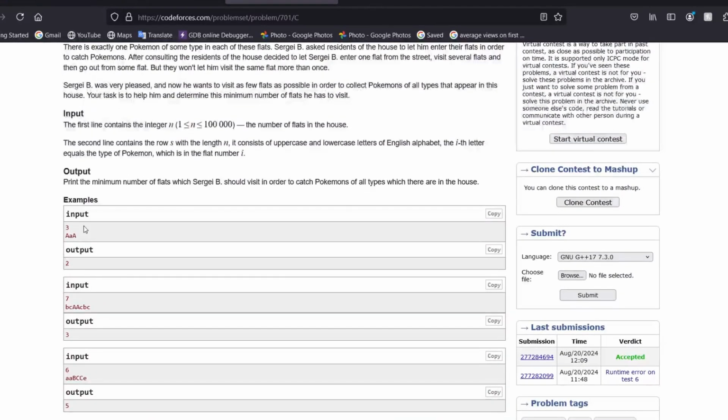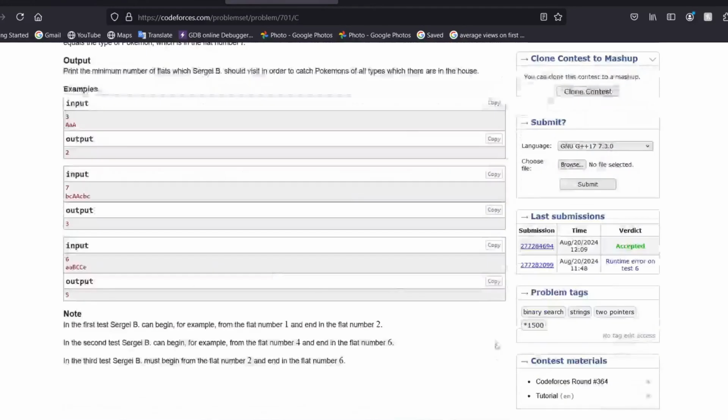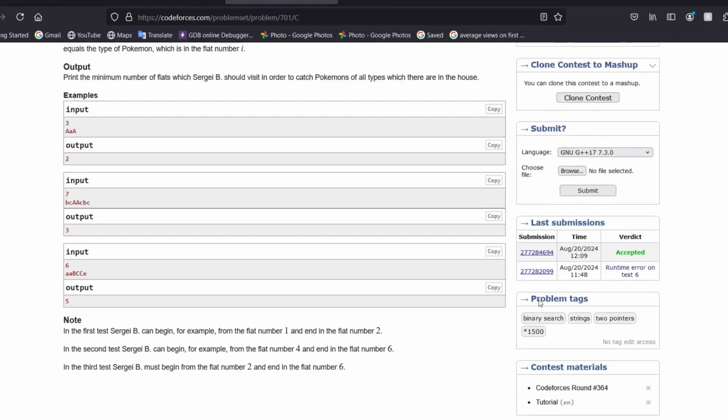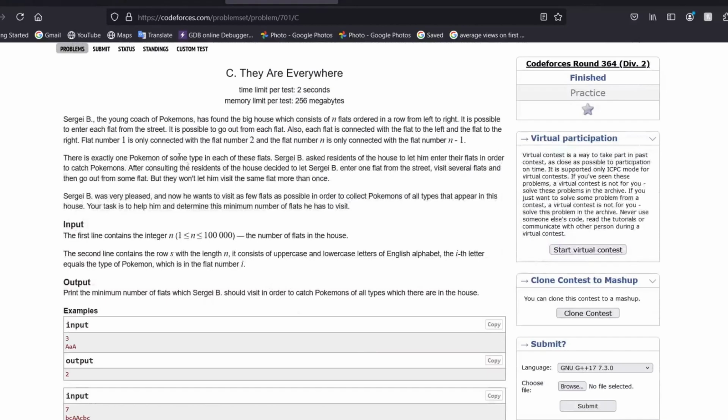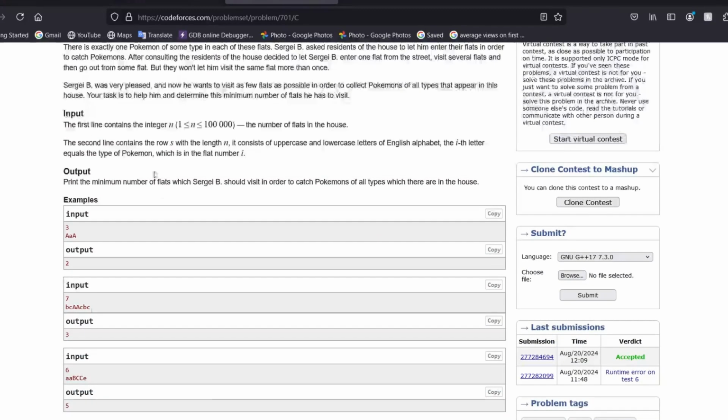It's quite intuitive. I think it's rated 1500. I actually did this one yesterday. I found it to be quite fun, and it really is intuitive and fun to do, especially if you want to familiarize yourself with strings or binary search.